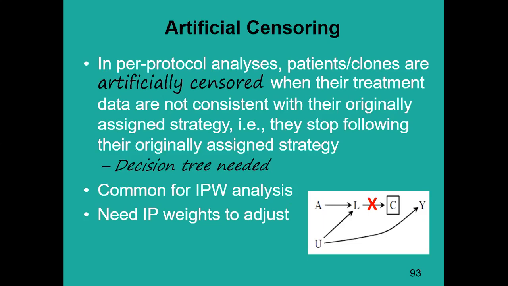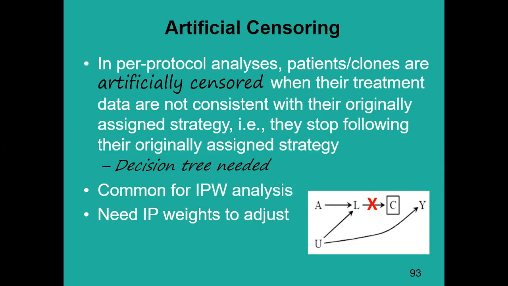Artificial censoring. In per-protocol analysis, patients and clones are artificially censored when their treatment data are not consistent with their originally assigned treatment strategy, meaning they stop following their originally assigned treatment strategy.